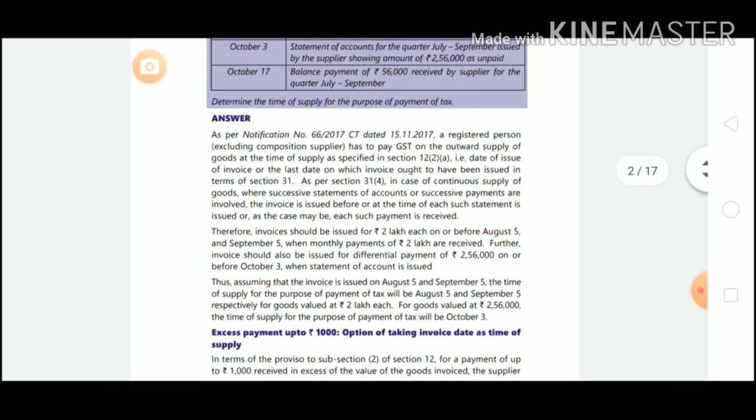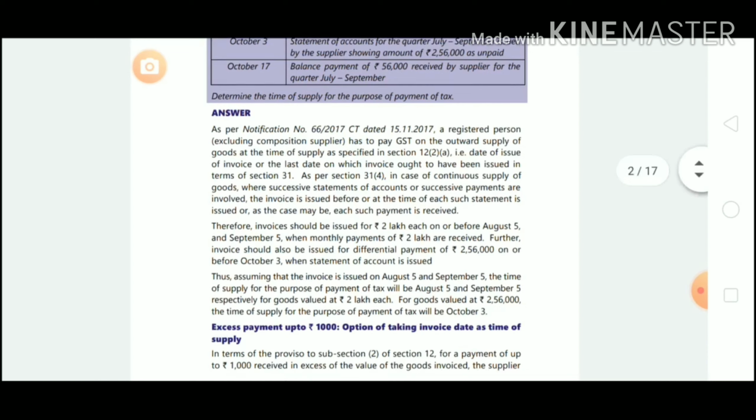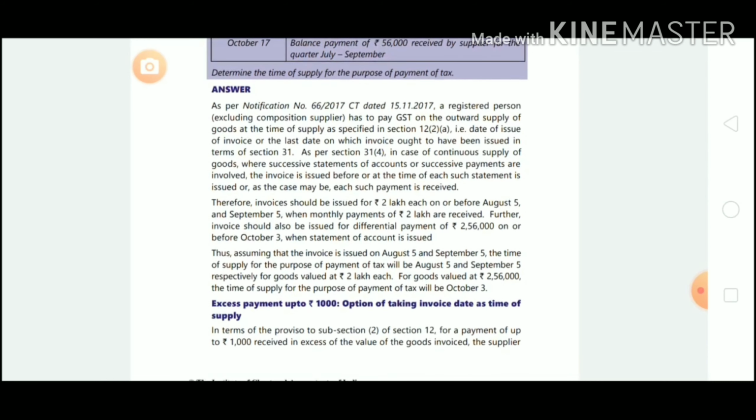As per section 31 subsection 4, in case of continuous supply of goods where successive statement of accounts or successive payments are involved, the invoice is issued before or at the time of each such statement is issued, or as the case may be, each such payment is received. Therefore, invoices should be issued for 2 lakhs each on or before August 5 and September 5, when monthly payments of 2 lakhs are received.